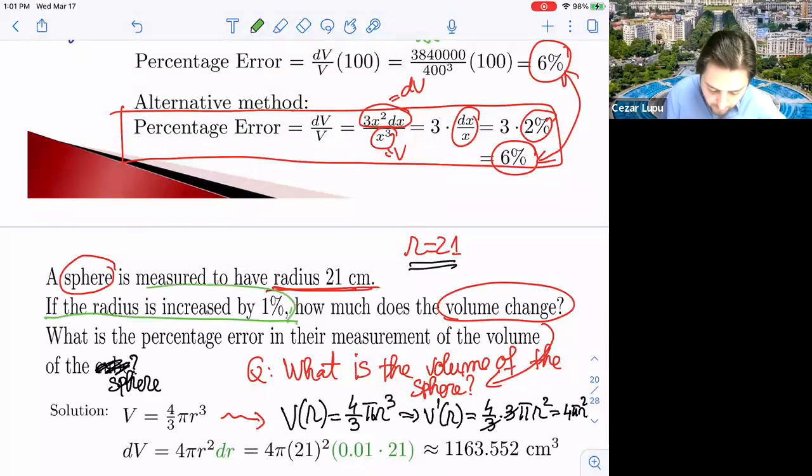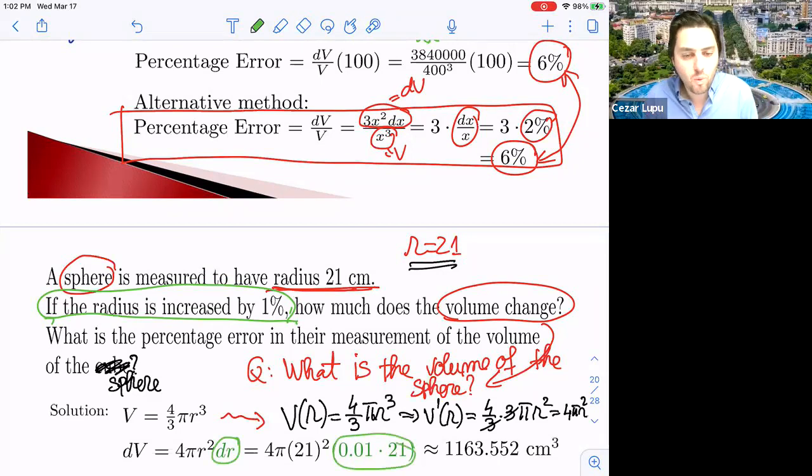So this information tells you that the change of the radius, which is measured by dr, is nothing else than 0.01 times 21. By replacing everything, we have 4 pi times 21 squared times 0.01 times 21. It will give you approximately, well, I'll leave it to you to do the algebra. It's already done. It's approximately this number here.